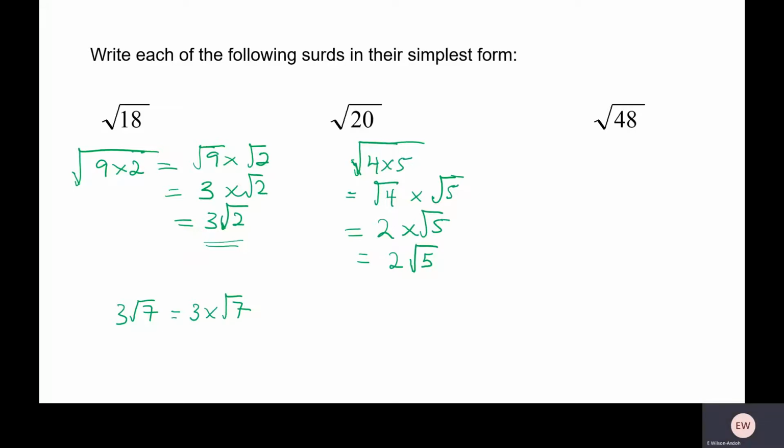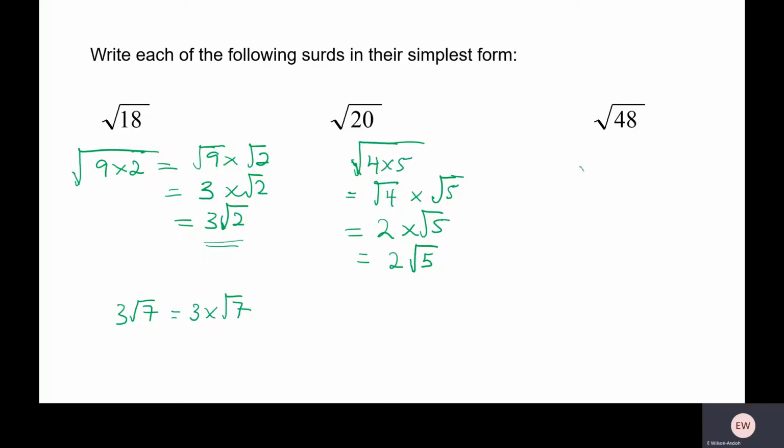In the next example, which is root 48, we have to think of a square number. Sometimes it's difficult for us to think of the highest square number. So you can do it step by step. So in this case, let's do it step by step and see. We will still arrive at the same answer. So we think of 4. 4 times what will give us 48?